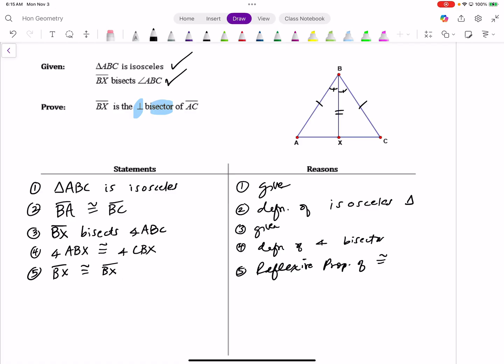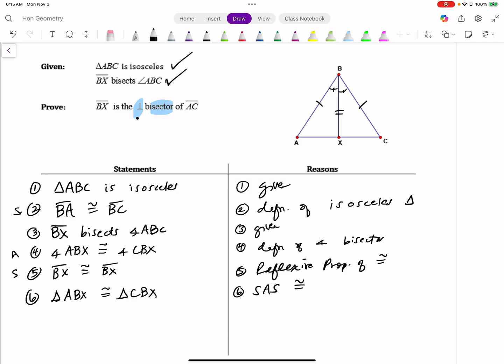Okay, now I can say that triangle ABX is congruent to triangle CBX because of side angle side. Let's make sure there's one of the sides, there's the angle, there's the other side. Yep, I'm good. And now we got to get the perpendicular and the bisector part.